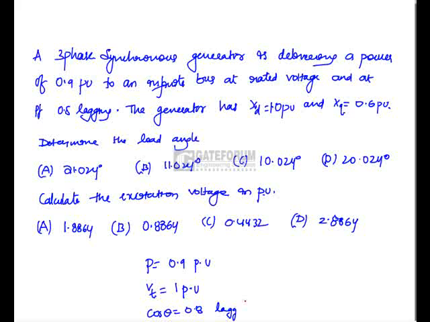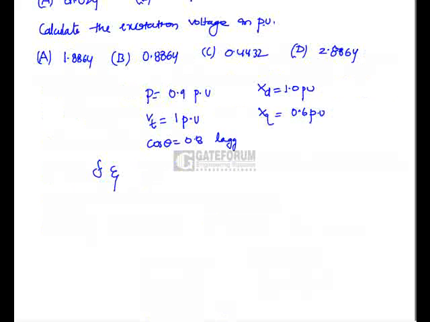The generator has direct axis reactance as 1 per unit and quadrature axis reactance Xq equal to 0.6 per unit. We have to determine the load angle and excitation voltage EF.